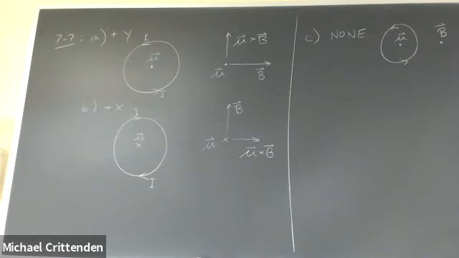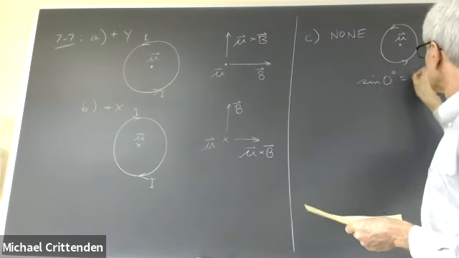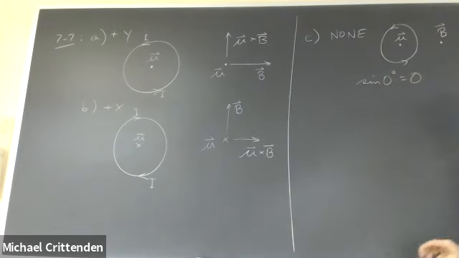Any cross product is the magnitude of the one vector times the magnitude of the other vector times the sine of the angle in between. Well, if both vectors point in the z direction, we're talking about the sine of 0 degrees times the other thing, but parallel vectors have a cross product of 0 always.